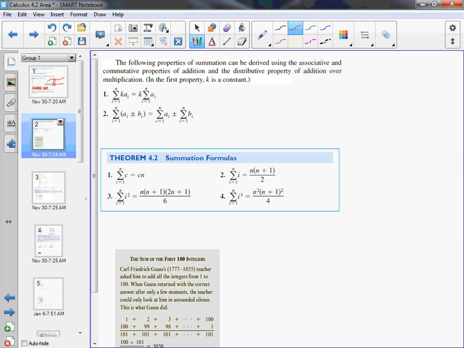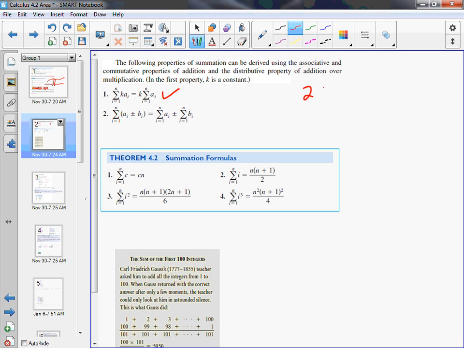So fortunately for us, over the years, mathematicians have worked out these properties, their theorems of how these summations work. Now, look at the first one here. This is on page 260 in your book at the top. Look at the very first property right here. K is a constant, and all that's doing is saying you can factor out a greatest common factor.